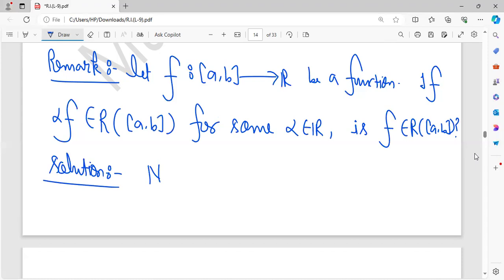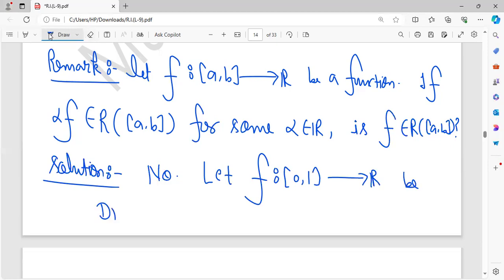No. Because you take, let f from the closed interval [0,1] to R be a Dirichlet function. So we have given an example of a Dirichlet function. What is the Dirichlet function?